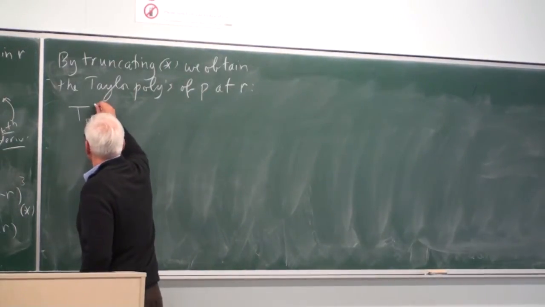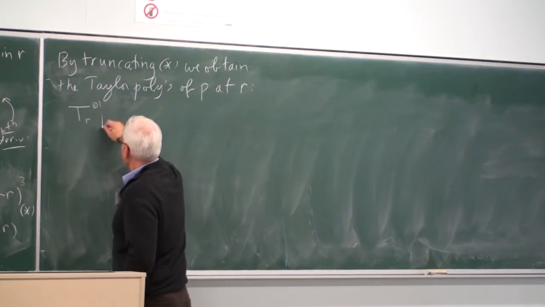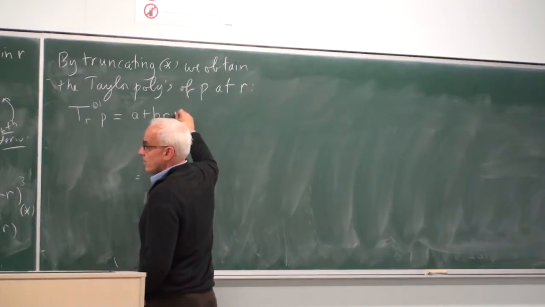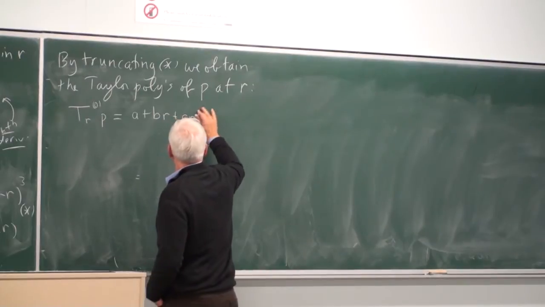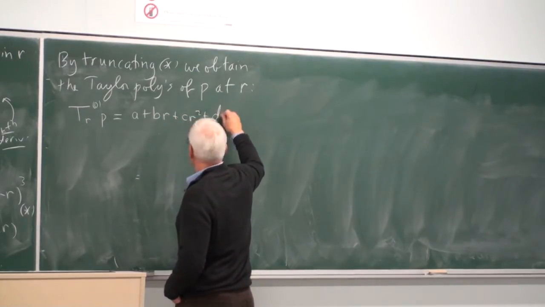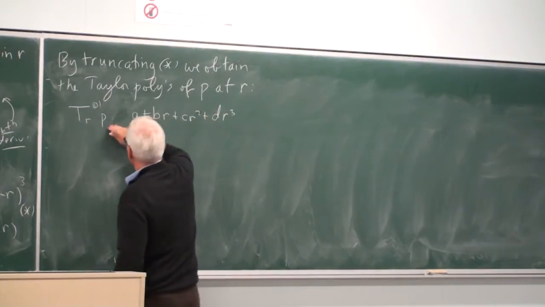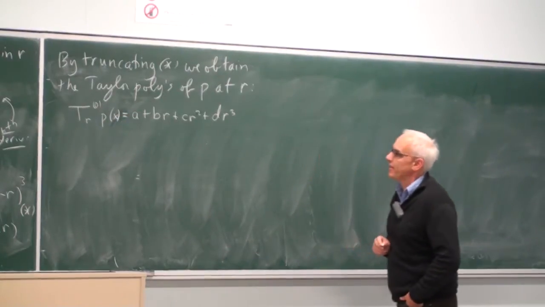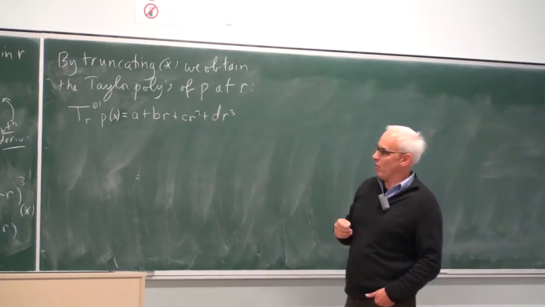So at R, the 0th one, in this case, is just A plus BR plus CR squared plus DR cubed. You might think of this now as a polynomial in X. This one just happens to be a constant polynomial.